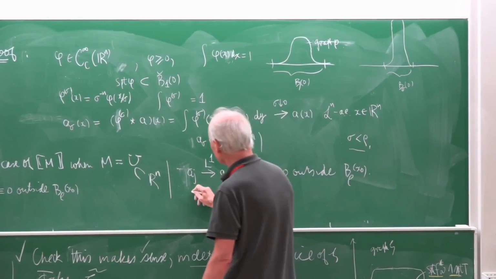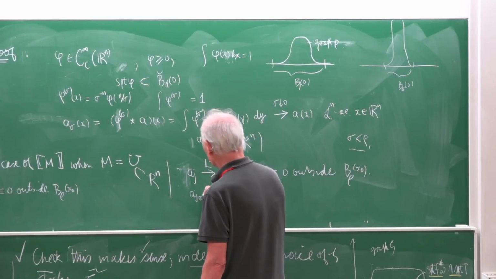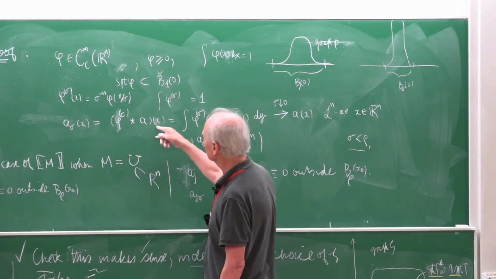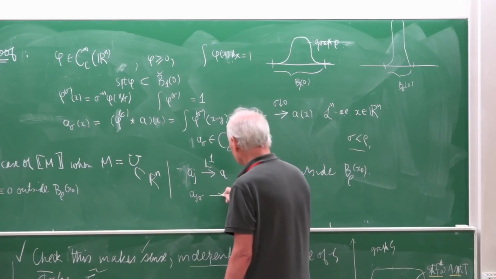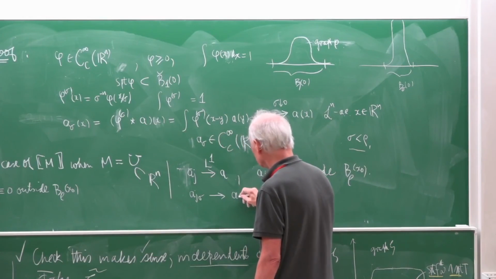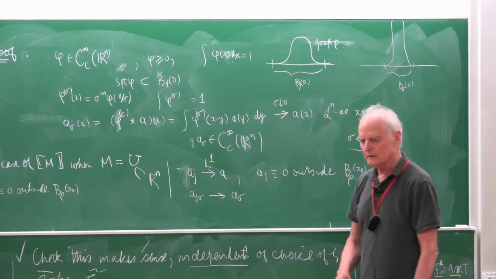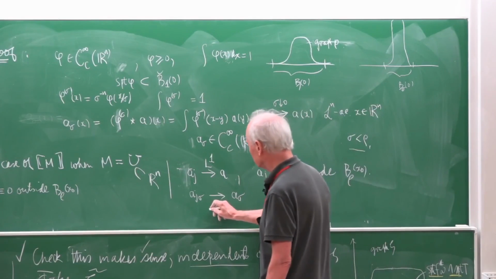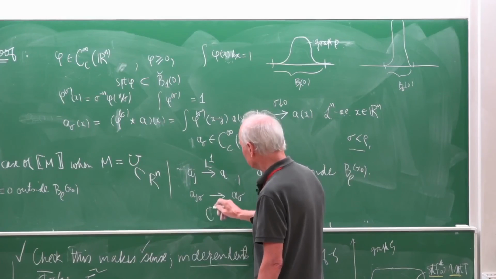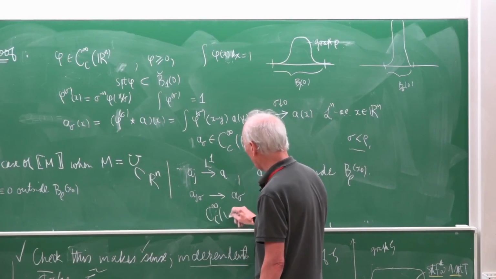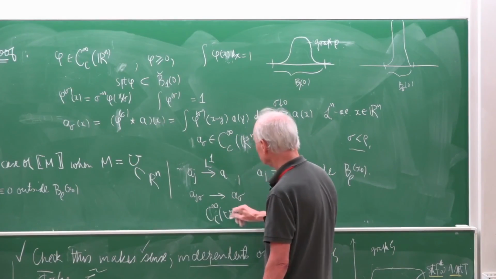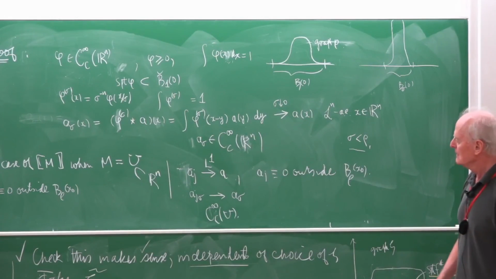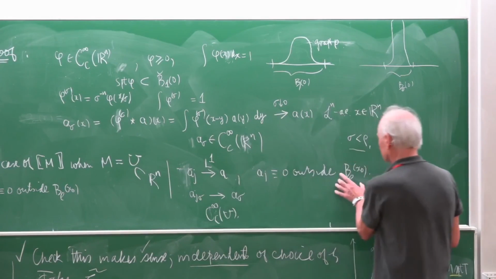Notice that then A_j sigma, the mollified function, clearly converges to A sigma for each fixed sigma. That converges in the space C infinity with compact support in U.